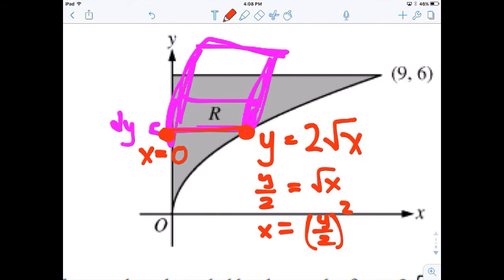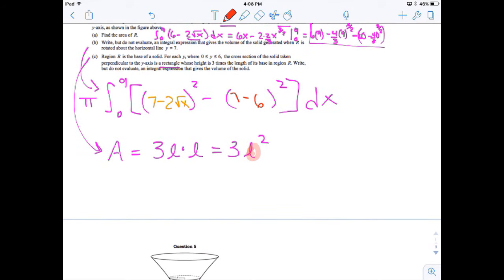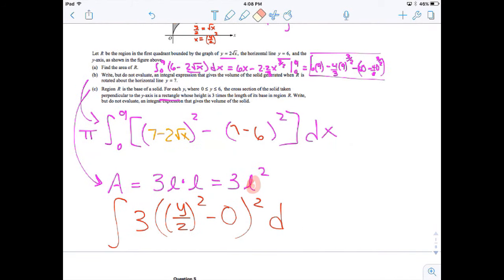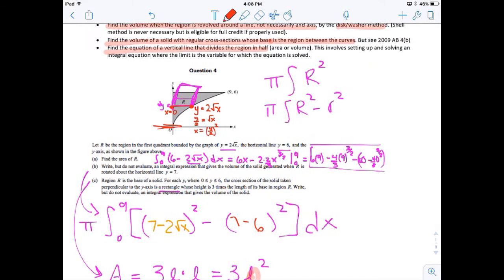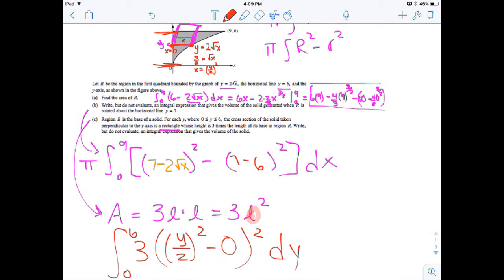So your actual length is y over 2 squared minus 0, and so we're going to do 3 times that squared. The integral, I've got a dy here, excuse me. And let's look at my bounds now. Since we're talking about y values, we're going from 0 to 6. And so this is about as basic as an area volume question will get, right? That's about as straightforward as they will get.